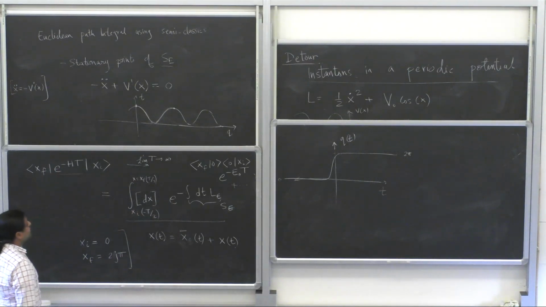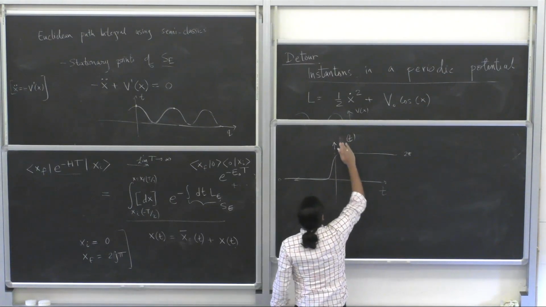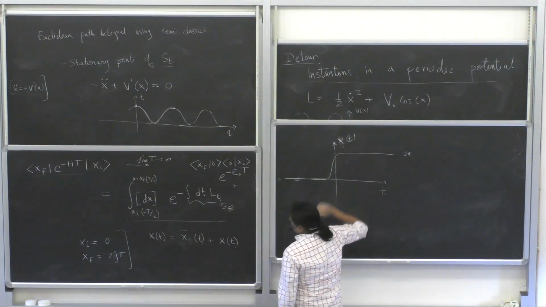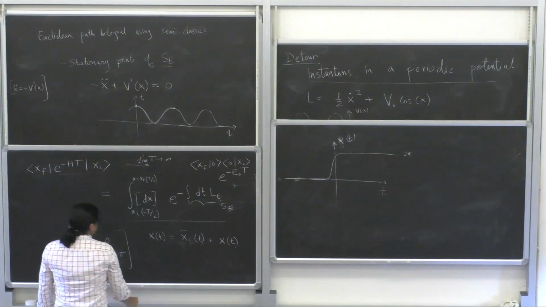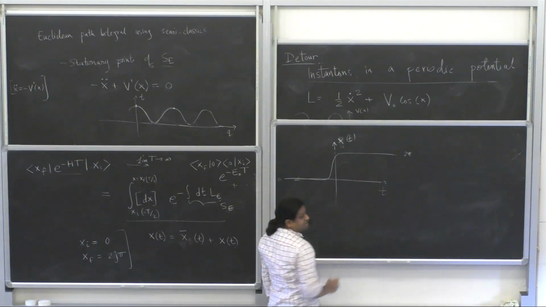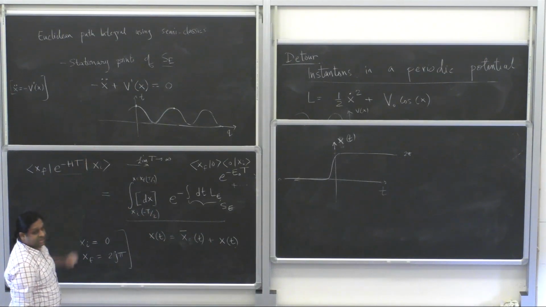These are prescribed functions, which look something like, I should really label it as x now that I'm talking about the periodic potential. So let's label x bar of t the classical solution, which is some prescribed function of time, which is a solution to the classical equation of motion.